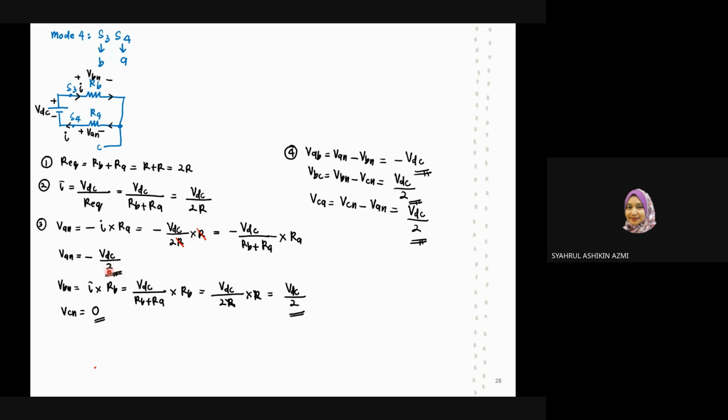If it's unbalanced load, you use this equation here. VAB will be equal to VDC over 2 and VCN will be equal to 0. And this is the level for your line to line voltage. VAB will be equal to negative VDC, VBC is VDC over 2, and VCA is also VDC over 2.